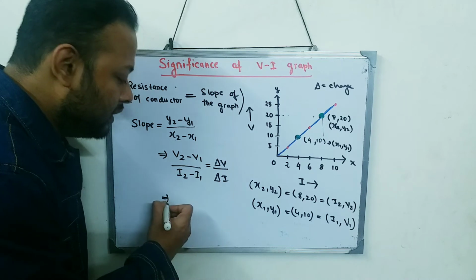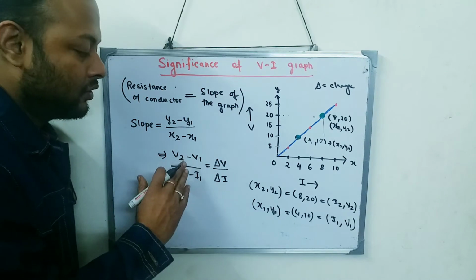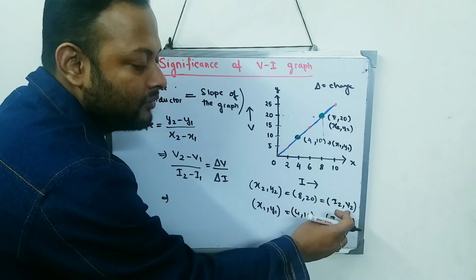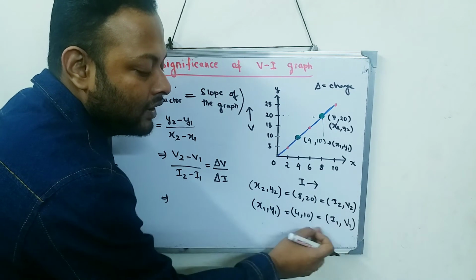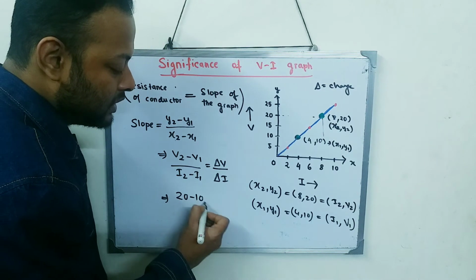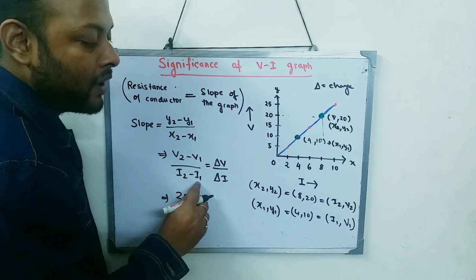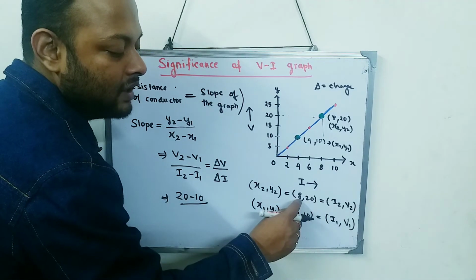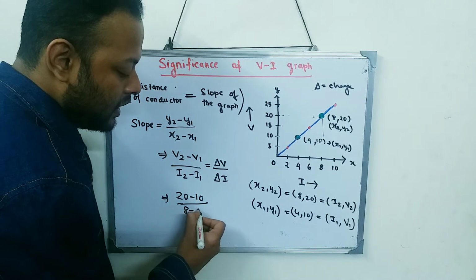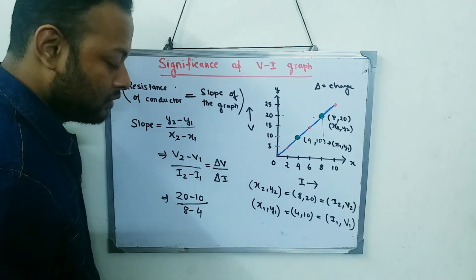Now I'll put the values. V2 minus V1: V2 is 20 and V1 is 10, so it becomes 20 minus 10. And I2 minus I1: I2 is 8 and I1 is 4, so it becomes 8 minus 4.